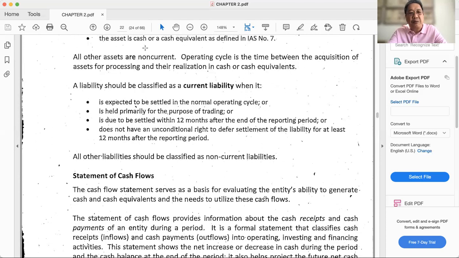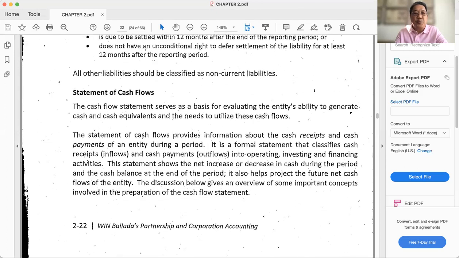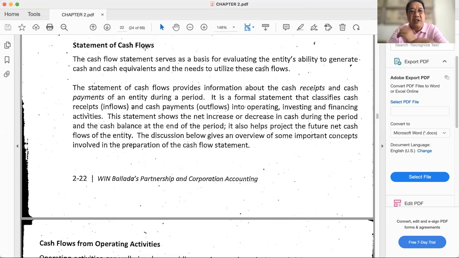Ang utang mo expected to be settled within 12 months or less. Now, we focus more on the statement of cash flow. Hindi ko yan purposely diniscuss sapagkat baka malito kayo.